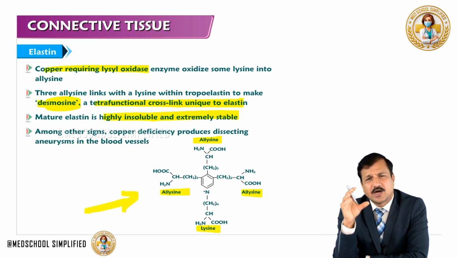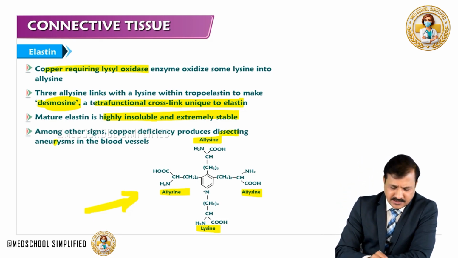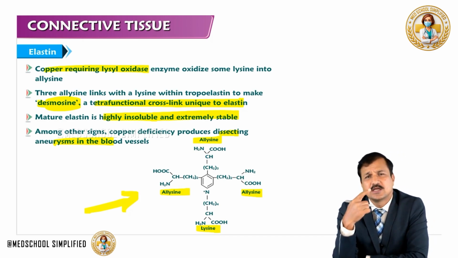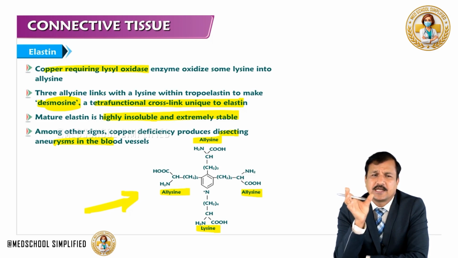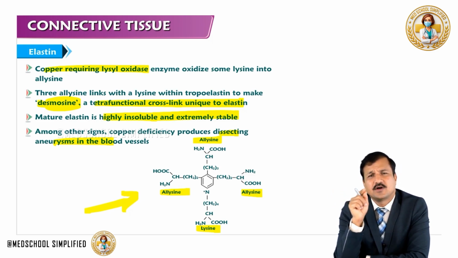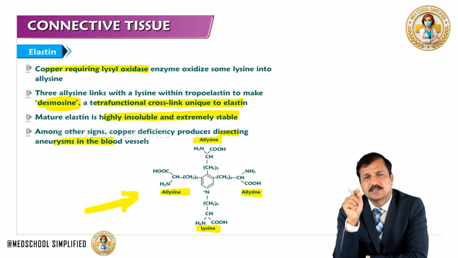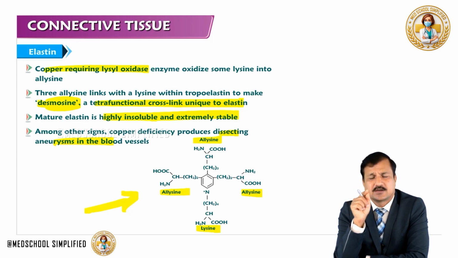That sign, which leads to dissecting aneurysm in the blood vessels, is because copper deficiency will lead to a defect in the desmosine crosslinks, because copper is essential for lysyl oxidase, which participates in desmosine crosslink formation. That's how a dissecting aneurysm can occur because of a copper deficiency, and that is related to desmosine crosslinks that are made by lysyl oxidase enzyme.